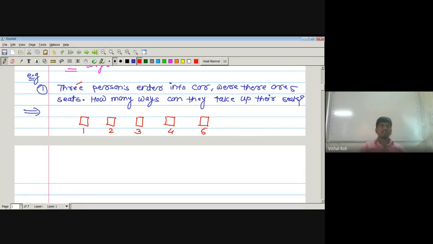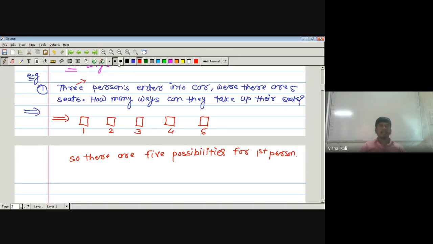If the first person enters the car, that is from here, then there are five possibilities for the first person, since the first person can sit here, or sit here. That is, there are five possibilities for the first person.